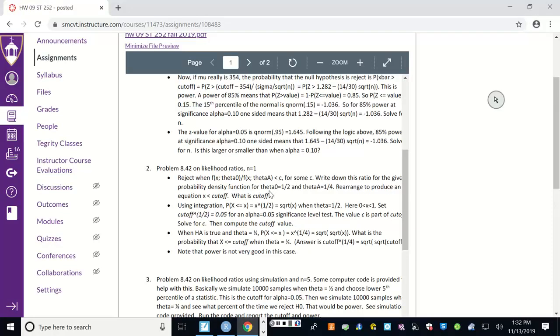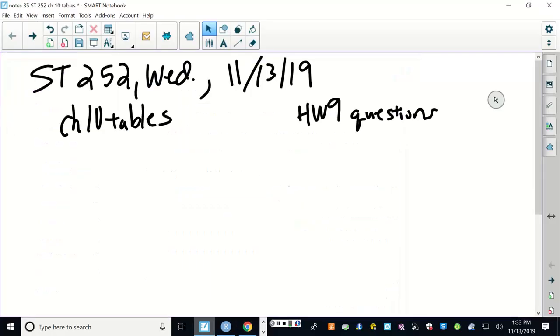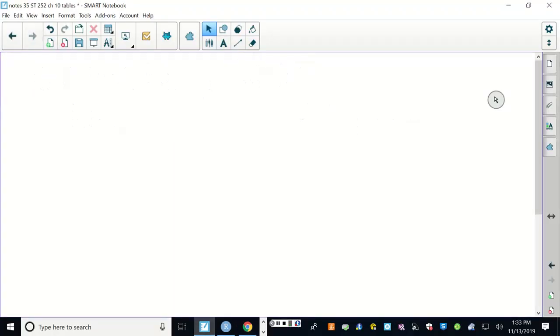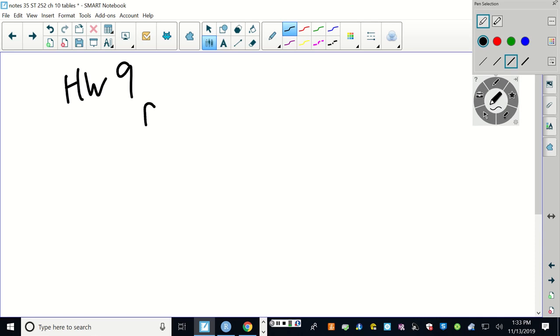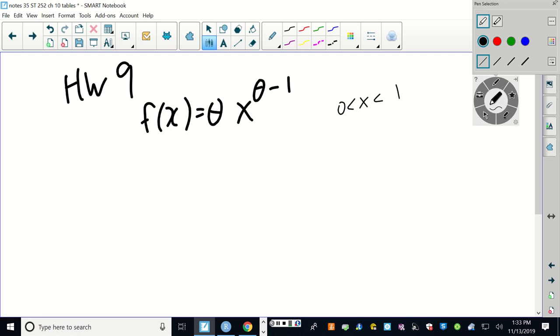Right. So to set this one up, on the homework 9 thing, setting up the ratio, the density was theta x to the theta minus 1, and x is between 0 and 1, and the theta parameter is just some positive number.